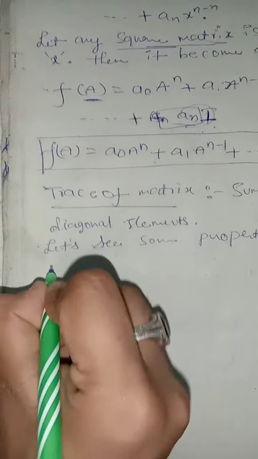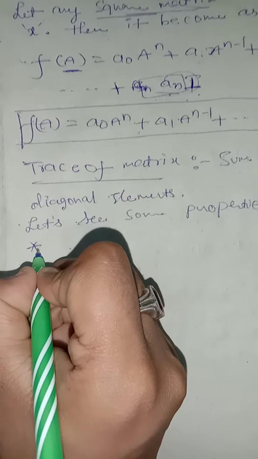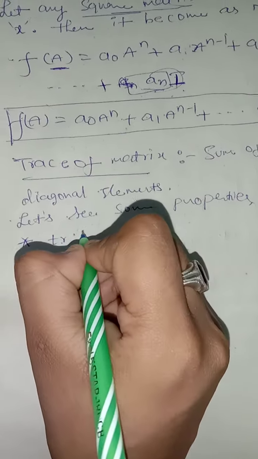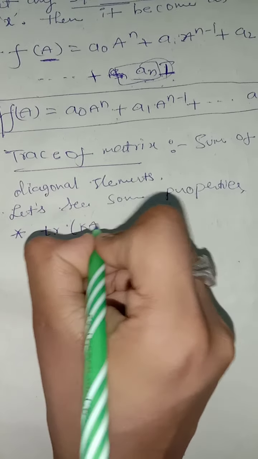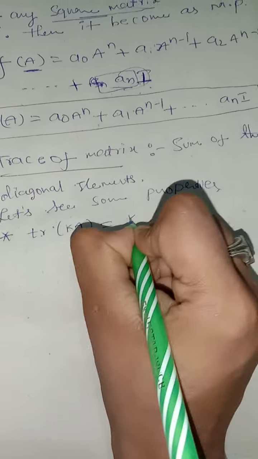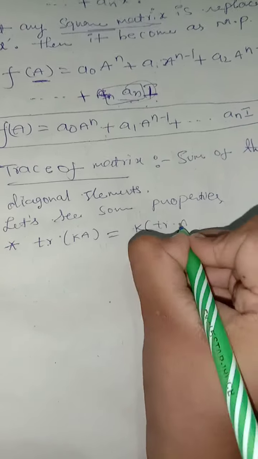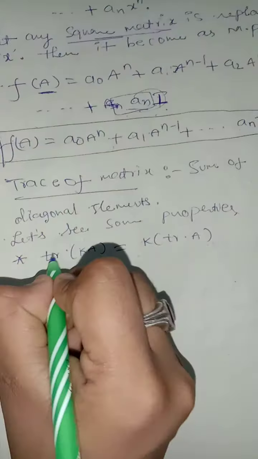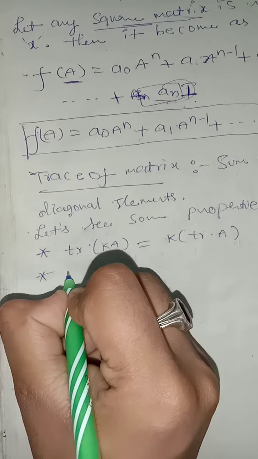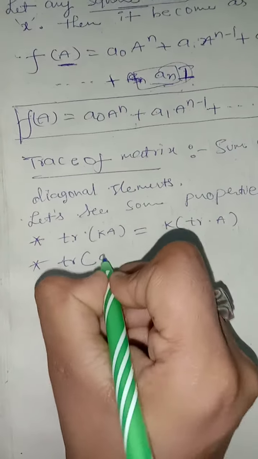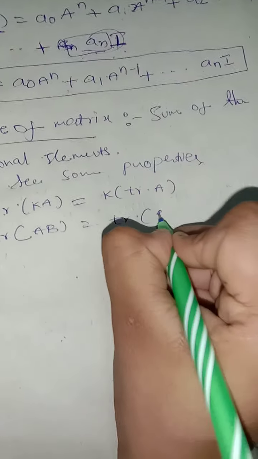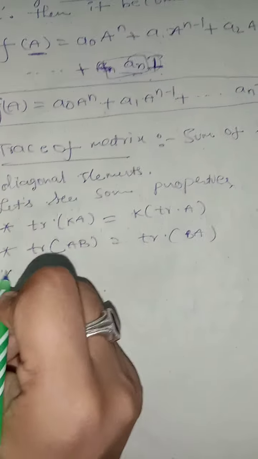The first property of trace of a matrix is trace of kA equals k into trace of A. The next one is trace of AB equals trace of BA.